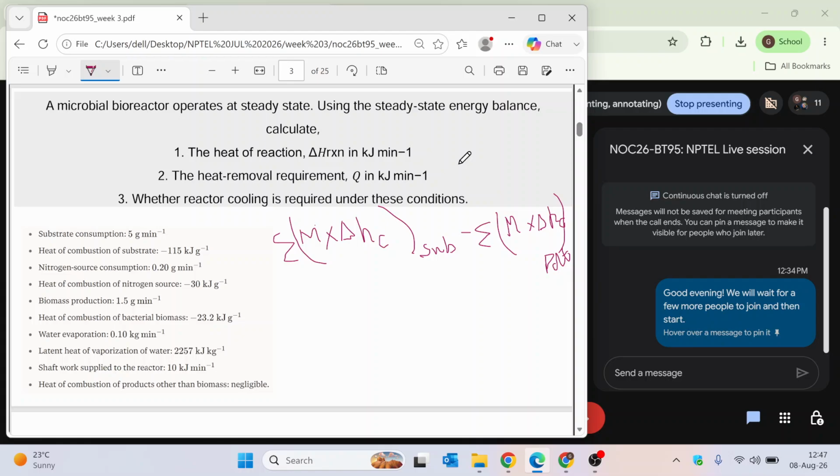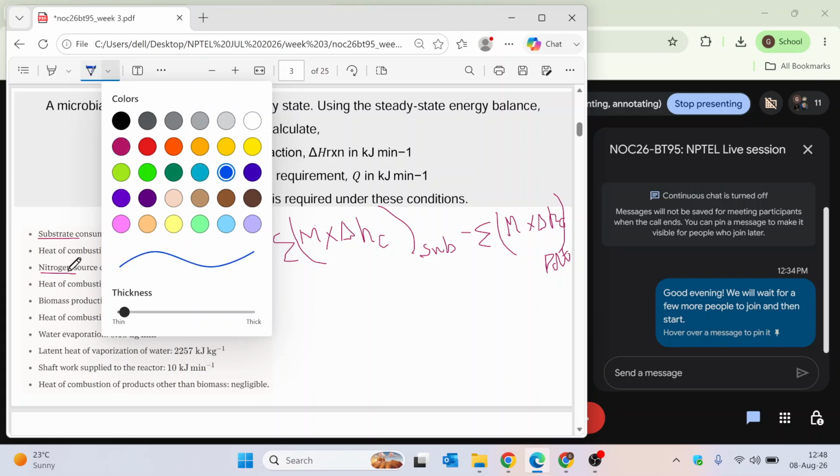Did anyone solve for del heat of reaction? All you have to do is, you have the substrate, you have the nitrogen source, and you have your product.